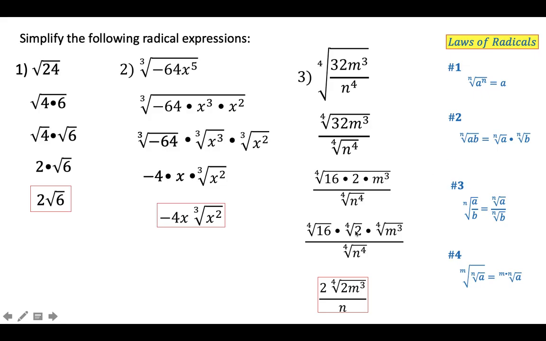The same is true here. So 2 times m cubed, that is 2m cubed under the same radical. Then for the fourth root of n to the fourth, applying the law of radicals number 1, just cancel the index and the exponent, and we will be left with n. So our answer is 2 times the fourth root of 2m cubed over n.